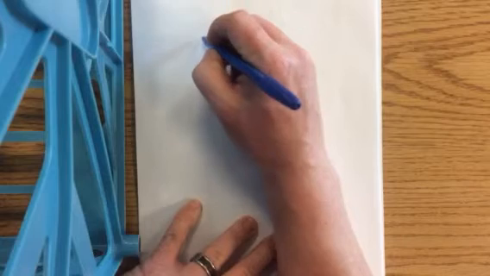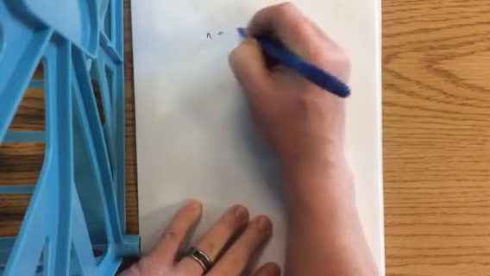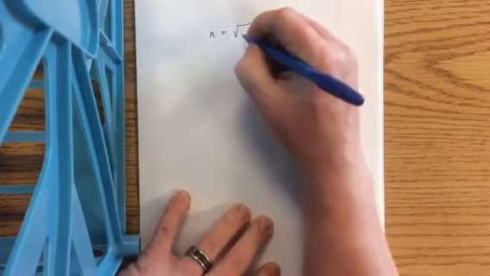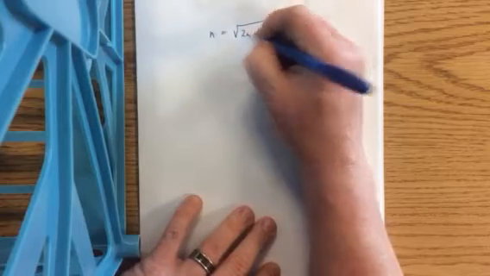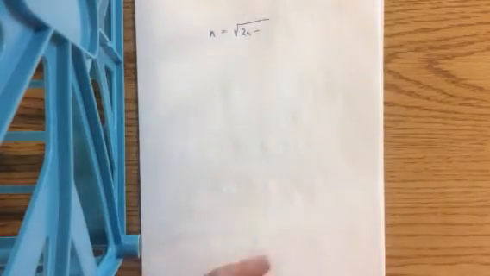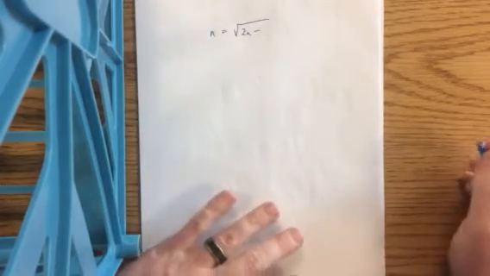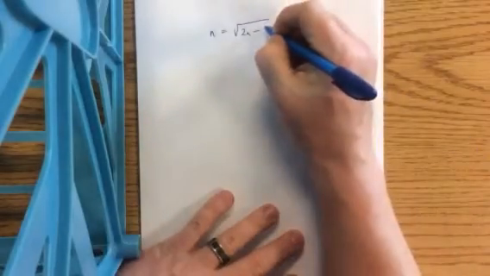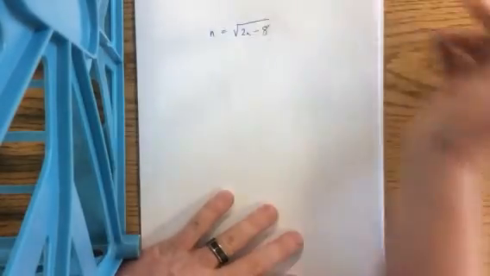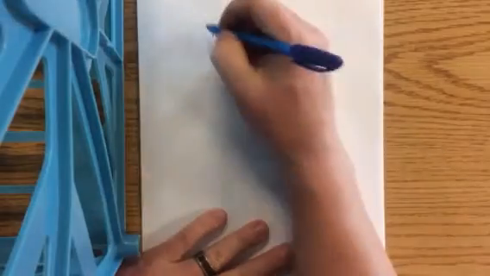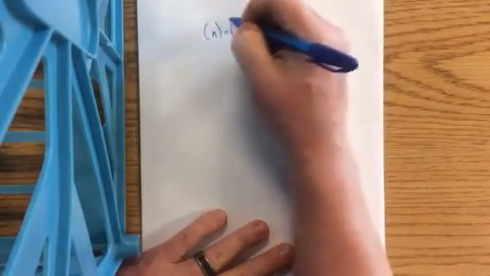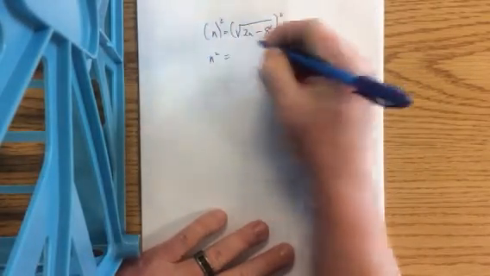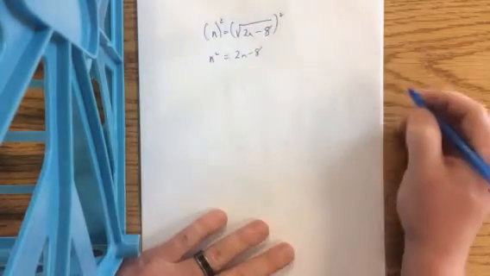So if I were to say n equals the square root of 2n minus, oh heck, I don't know, we'll say 8. That should work. First thing we do is we square both sides. So n squared is equal to 2n minus 8.